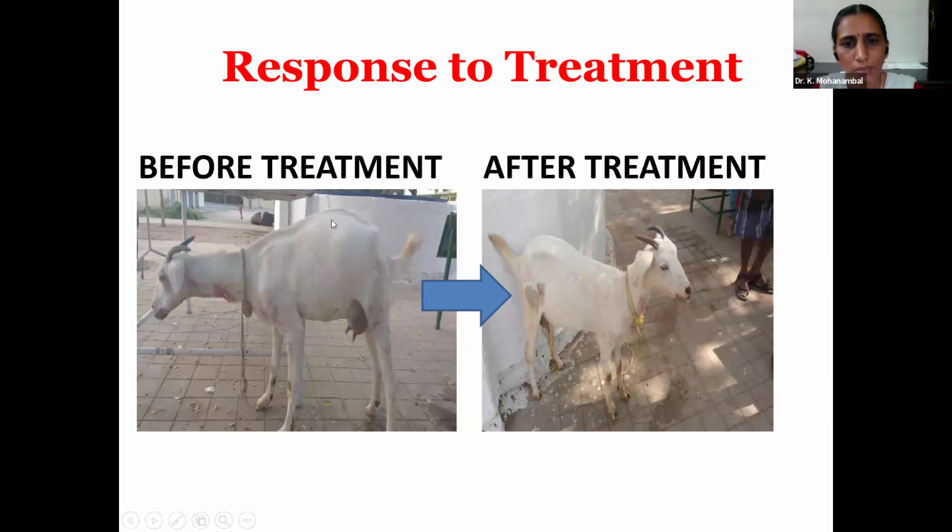You can see the animal's posture itself is not correct, and a bilaterally bloated abdomen was there, with salivation and incoordinated gait observed. After treatment, the animal is able to stand normally, the bloat was reduced and there is no salivation. Within 30 minutes, you can observe excellent results once you have identified the cyanide poisoning and treated with the apt drug, that is sodium thiosulfate, with the proper dose.